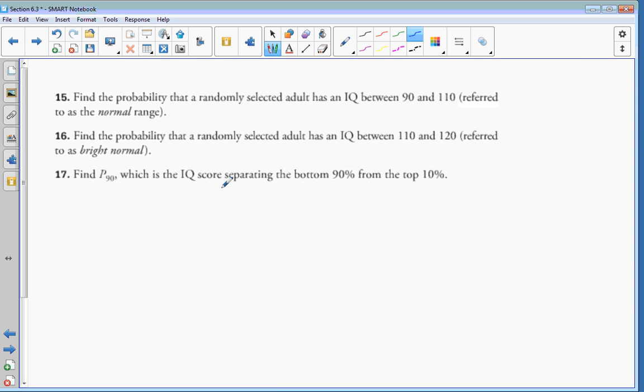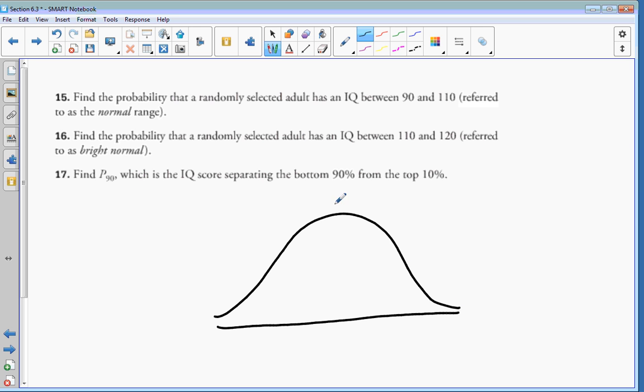And these are still very similar, but I do want to look at this one because it's the opposite. Find the percentile of 90, which is the IQ score separating the bottom 90% and the top 10%. So I'm going to draw my normal curve. It always keeps me straight as to what I'm thinking about here. There's mu as being 100, z of 0.